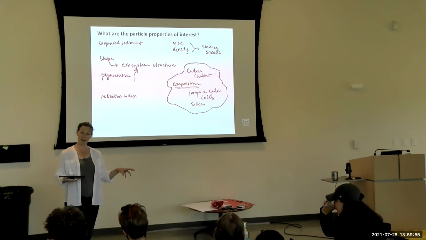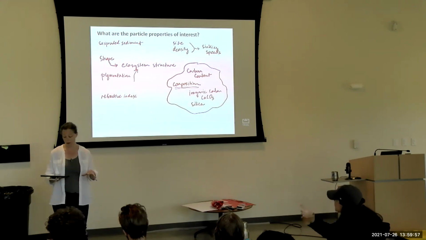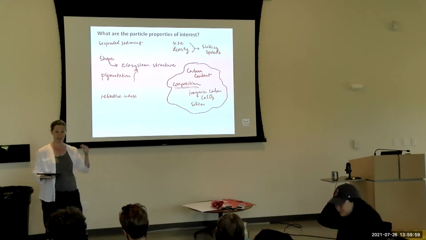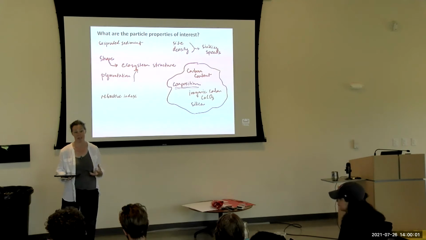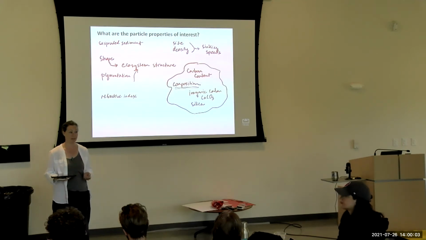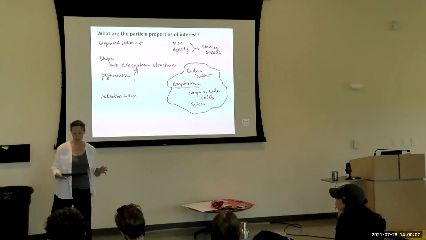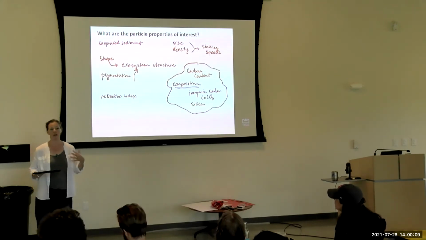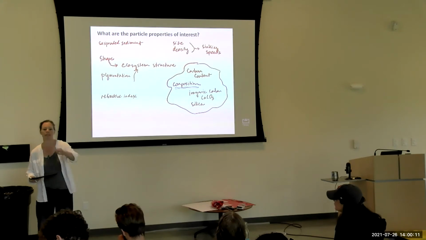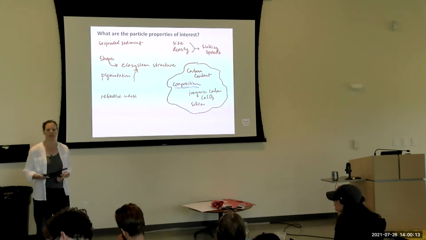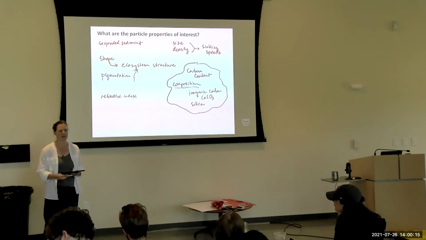We might also care about it because it's a way of parameterizing all of these other things, especially things like composition, density, right? Okay, so there's a lot of different properties that in their own right we're interested in because they help us get to the questions that we're asking about the ocean.